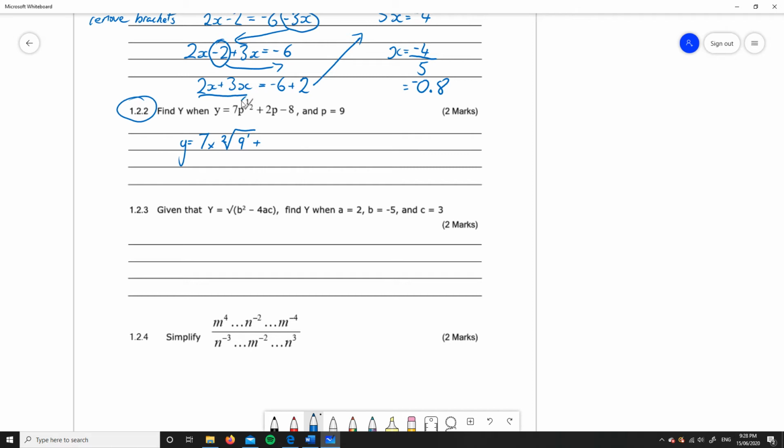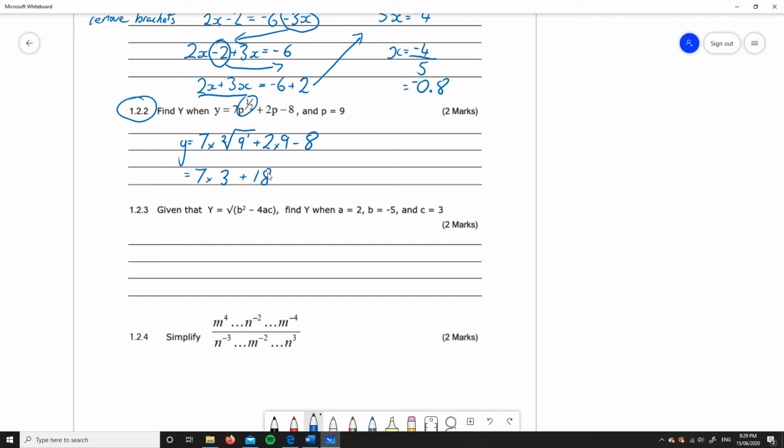Yeah, so when I rewrite that, it is p to the power of 1, and the number under the division line becomes the root. So if that was 3, we would be looking at a cubic root. Okay, so plus 2 times 9 minus 8. So 7 times 3 plus 2 times 9.